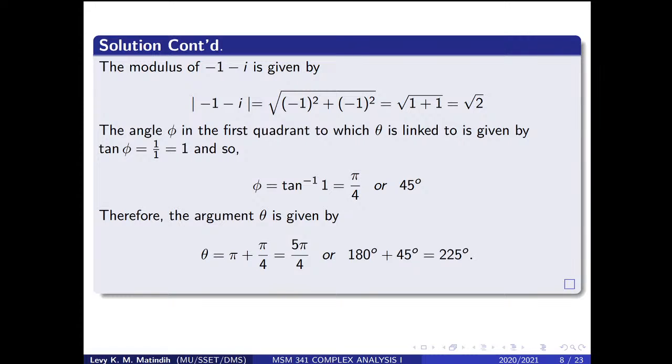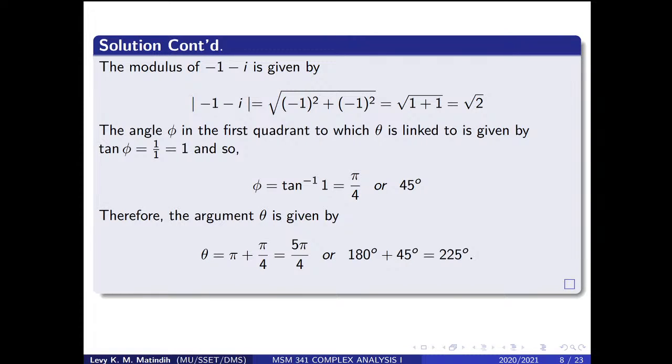For that, the modulus of this given complex number is the square root of the square of -1 plus the square of -1, which will give us the square root of 2.